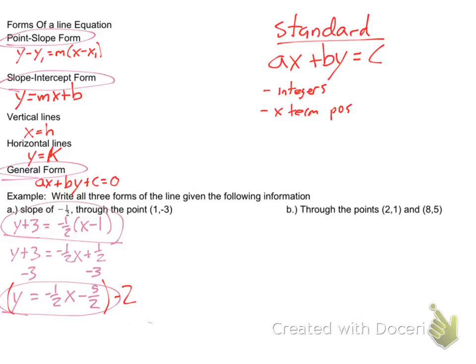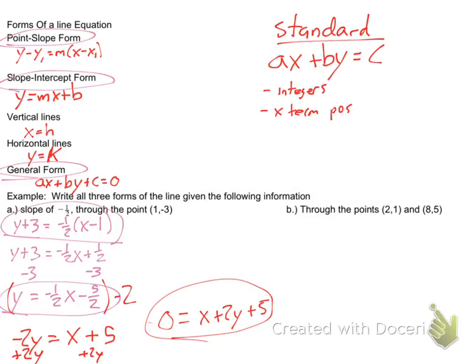Because when I multiply by negative 2, the negative 1/2 becomes a positive. So I'll get negative 2y equals x minus 5, plus 2y. Oh, it's a plus positive y. Yep, you're right. Plus 2y. So 0 equals x plus 2y plus 5. If I wanted standard form, I just bring the 5 to the other side, right?